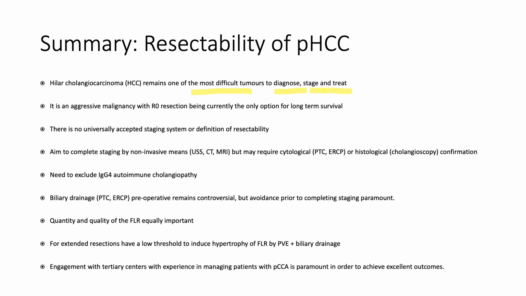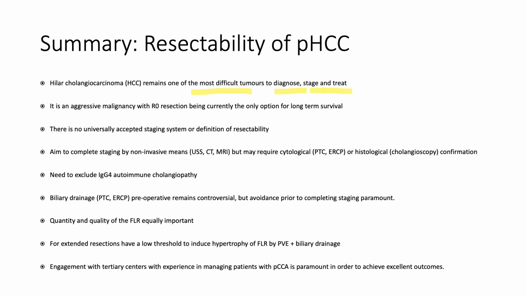One needs to exclude autoimmune cholangiopathy by measuring IgG4 and potentially undertaking invasive cytology or histological analysis. Biliary drainage by either PTC or ERCP remains controversial, but avoid it until you've completed the staging.